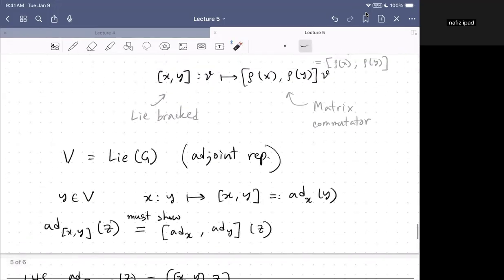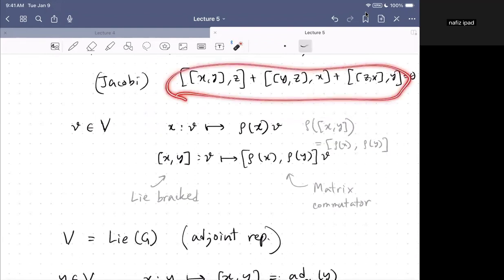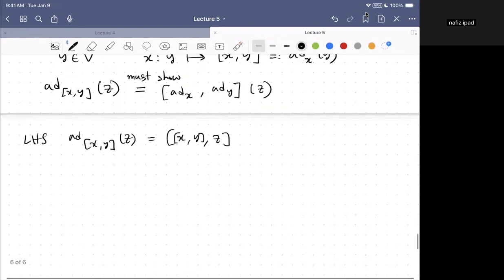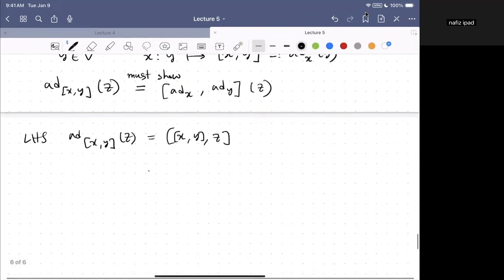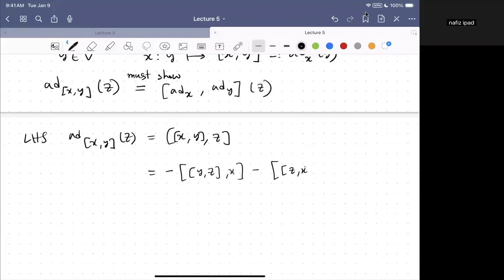Now we have the Jacobi identity, so let's use that. If we use that, what we get is minus... Okay, now we have to use the antisymmetry of the Lie bracket.